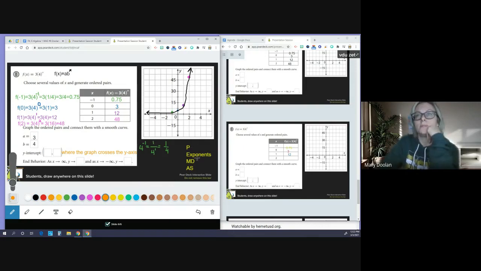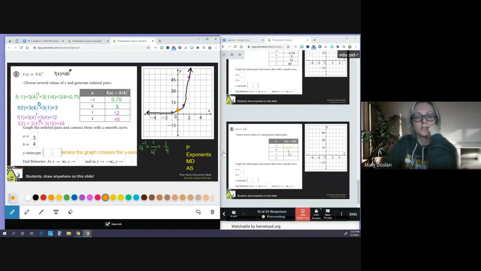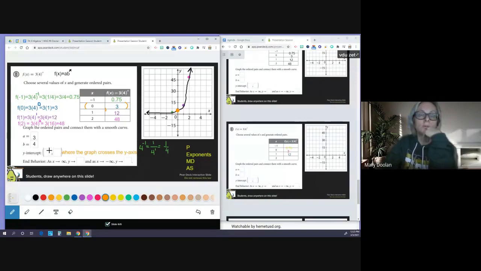That's one way to do it. Here's my y-axis, and here's my point right here. That's where it crosses. That's also found over here when x is 0, f of x, or y, is 3. So my y-intercept is 3 for the ordered pair 0, 3.